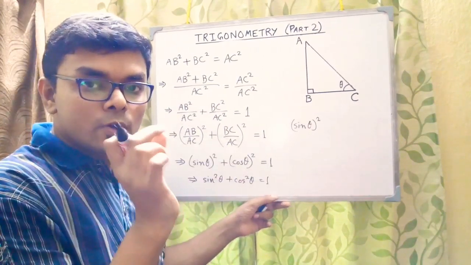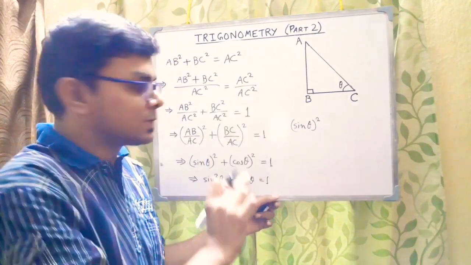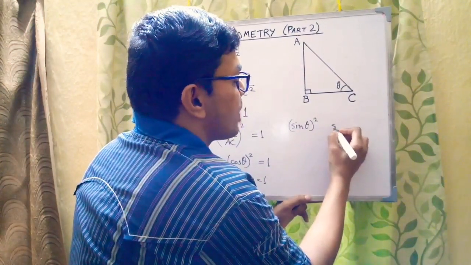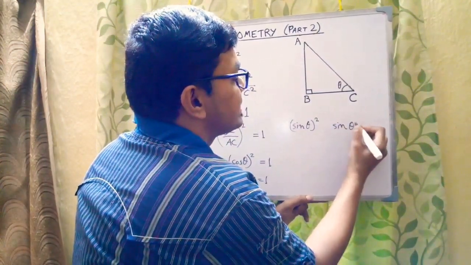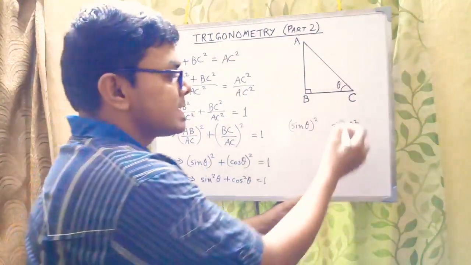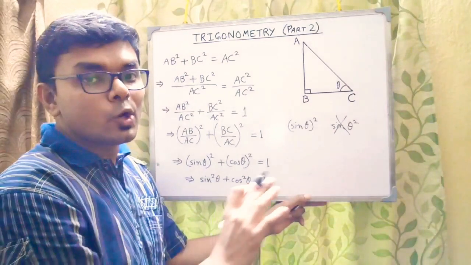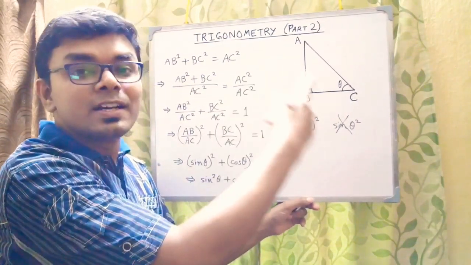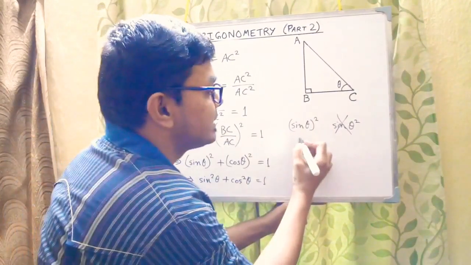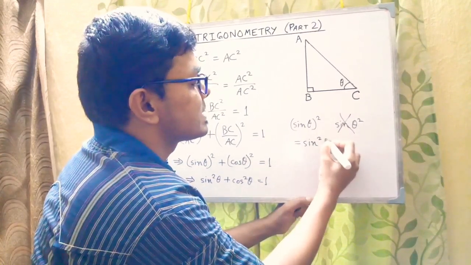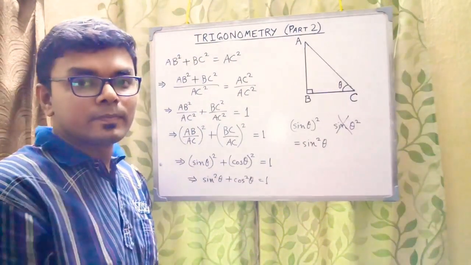So the actual ratio is sine, which is working on theta. When we do sin theta whole squared, some of you might think it is sin theta square. This is actually wrong, because theta is the angle here. We are not squaring the angle, we are squaring the ratio, which is sine. So sin theta whole squared is written as sin square theta.